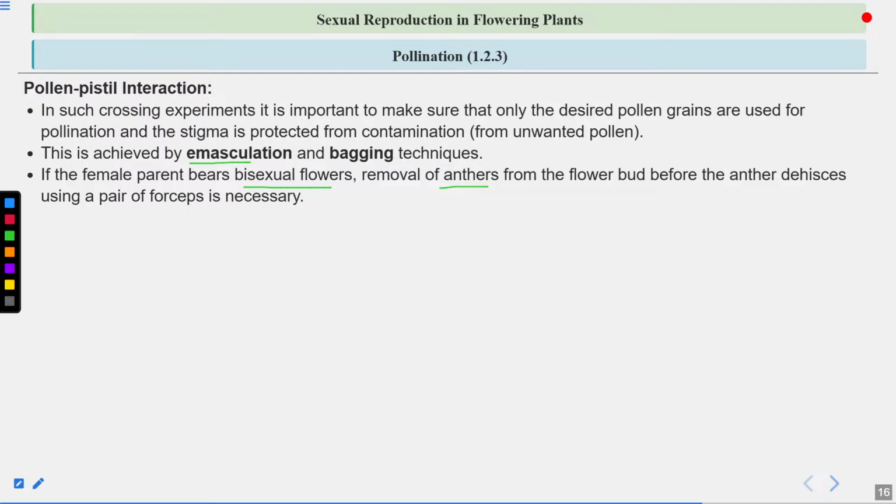Bagging means covering the stigma so that you are able to put the desired pollen on the stigma. Otherwise, pollen grains from outside can come on the stigma, and this whole experiment will be of no use. So this step is referred to as emasculation.